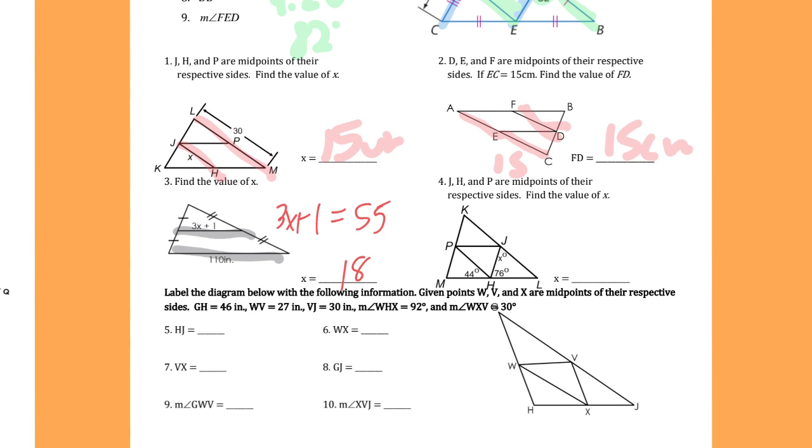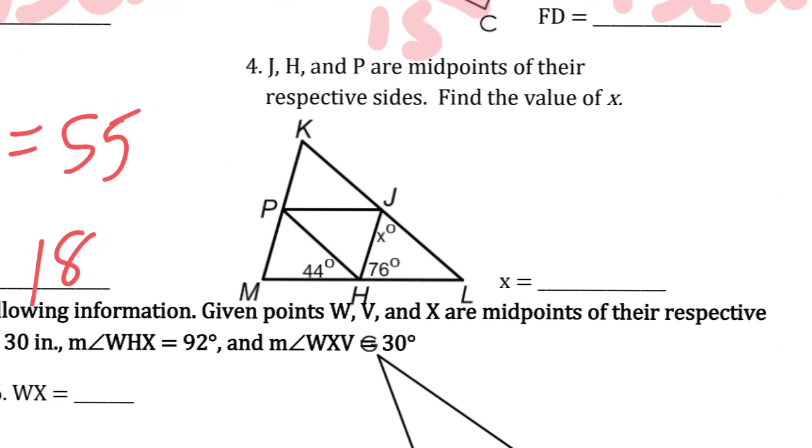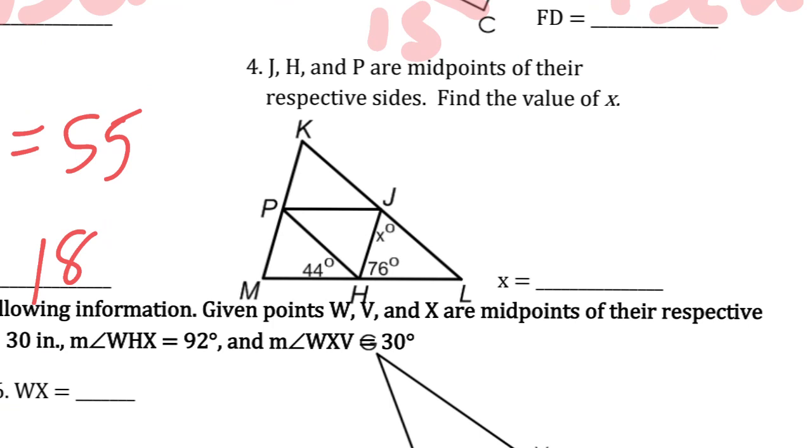The next one talks about the measure of the angles. Remember, we've got 3 congruent triangles that are all face up. If I know that these 3 triangles are congruent, which means their sides are matching and so are their angles, then the corresponding parts will match.